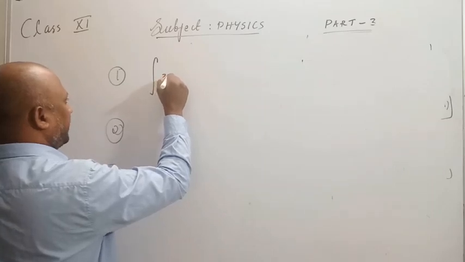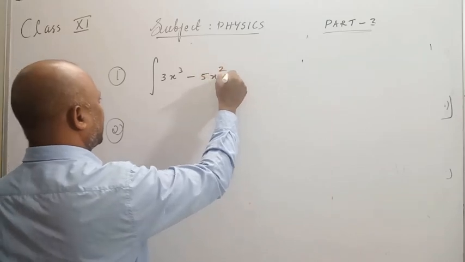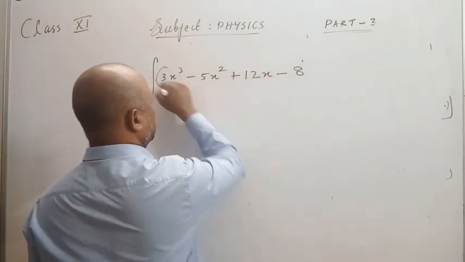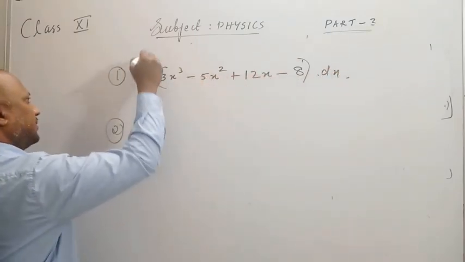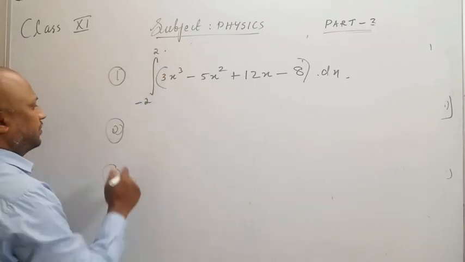So integration of 3x cube minus 5x square plus 12x minus 8 dx, from minus 2 to 2. That will be good for you.